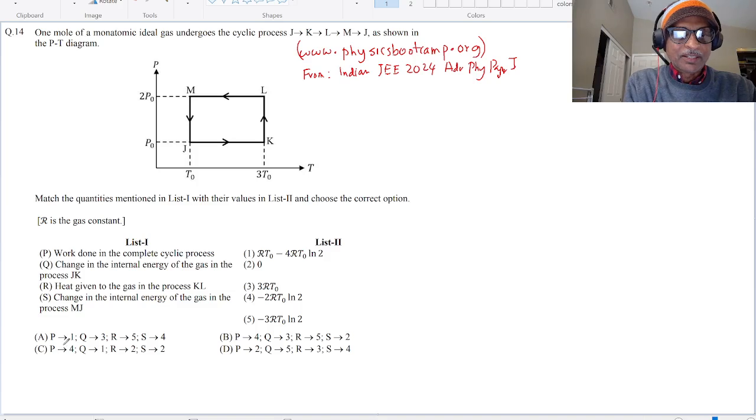So if A is right, then P maps to 1, Q to 3, R to 5, and S to 4. So this will be option A. And similarly, you can see there will be options B, C, and things like that.